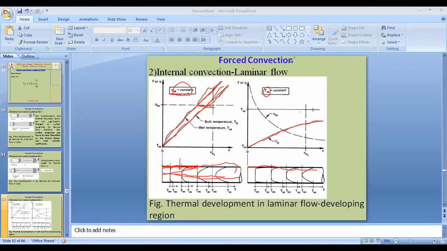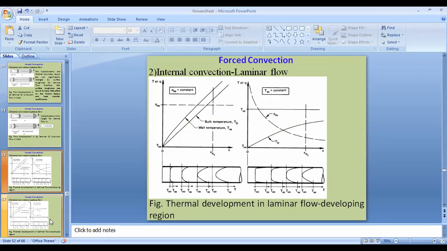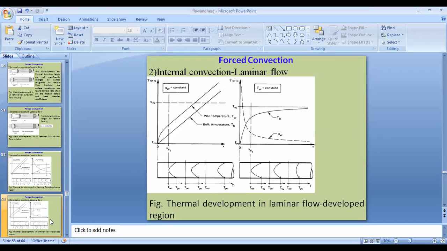So there will be a single value for the Nusselt number.